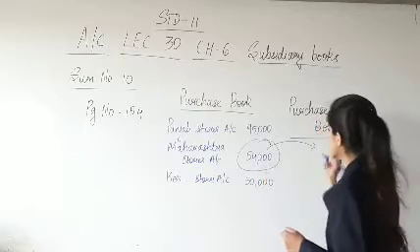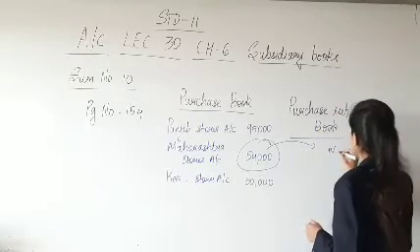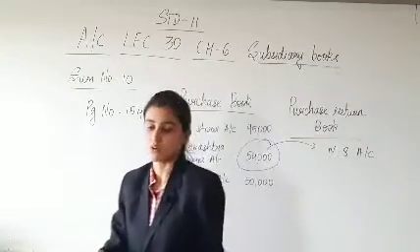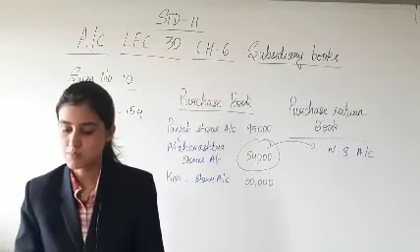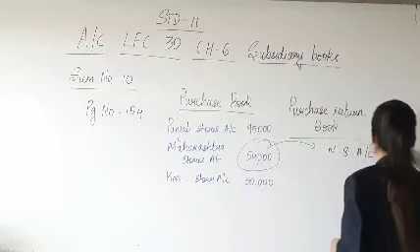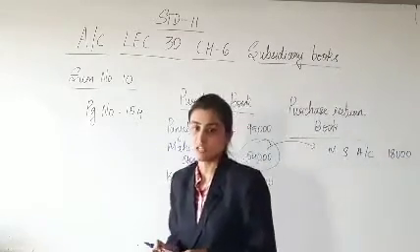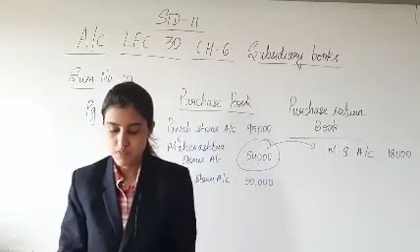So this is purchase return, and in purchase return book you will be writing Maharashtra Stores account. Let us see what is 1/3 of 54,000. So 54,000 into 1 by 3, that gives you 18,000 rupees. So goods worth rupees 18,000 have been returned to Maharashtra Stores. Alright.